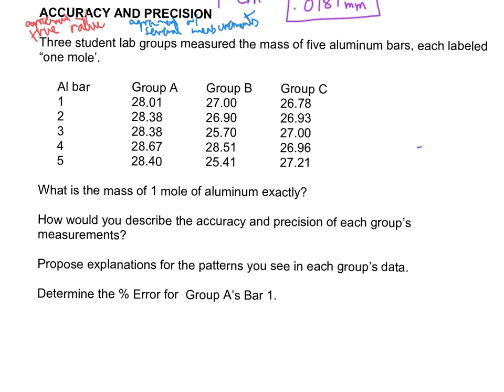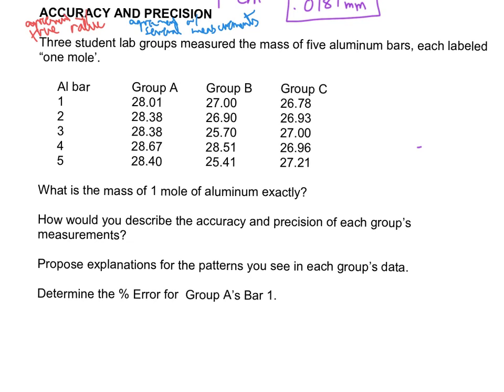So when we do labs, if we have time, if we were doing them properly, we do 3 trials. Sometimes in a high school lab, we don't have enough time, so we just do 1 trial and we're done. But in reality, when you're doing real science, you never just do 1 trial.